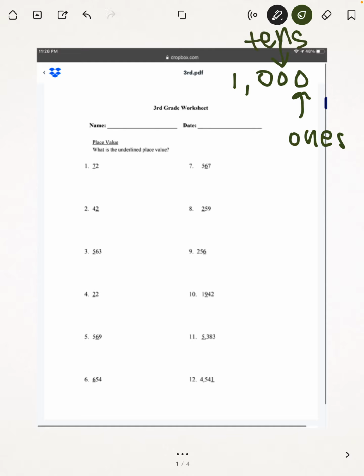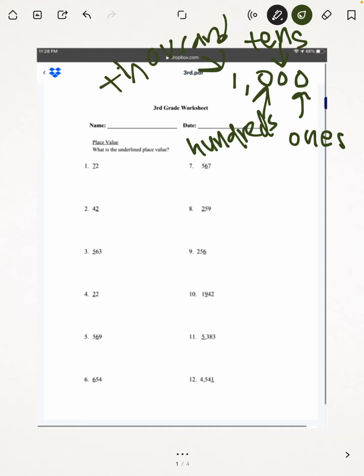The third number is known as the hundreds place. The fourth number is known as the thousands place.